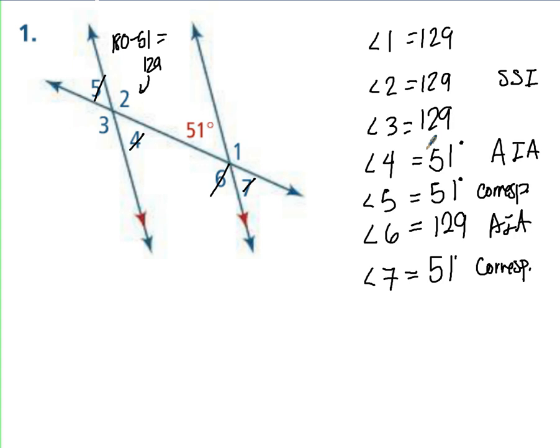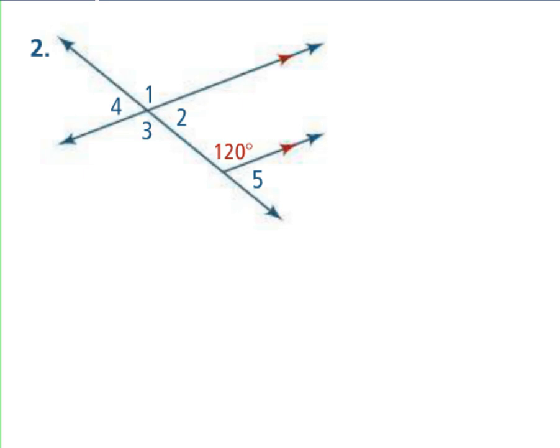Do we need to see another example? Sure. Okay, so I have 120. I want to know what angle 1, 2, 3, 4, and 5 are. Do you know what angle 1 is? 120, right?